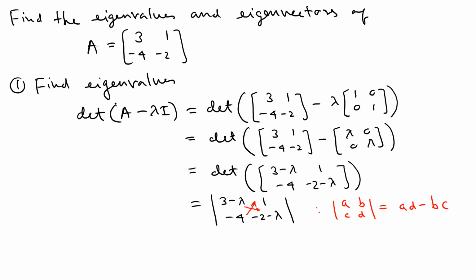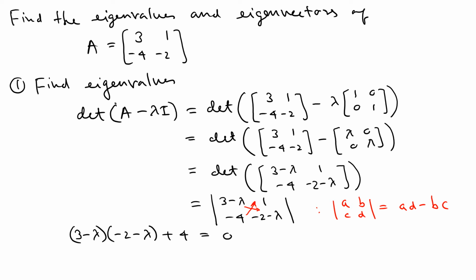Then we set this determinant equal to 0. So we have 3 minus lambda times negative 2 minus lambda, and then negative 4 times 1 is negative 4, but you subtract, that means positive 4.